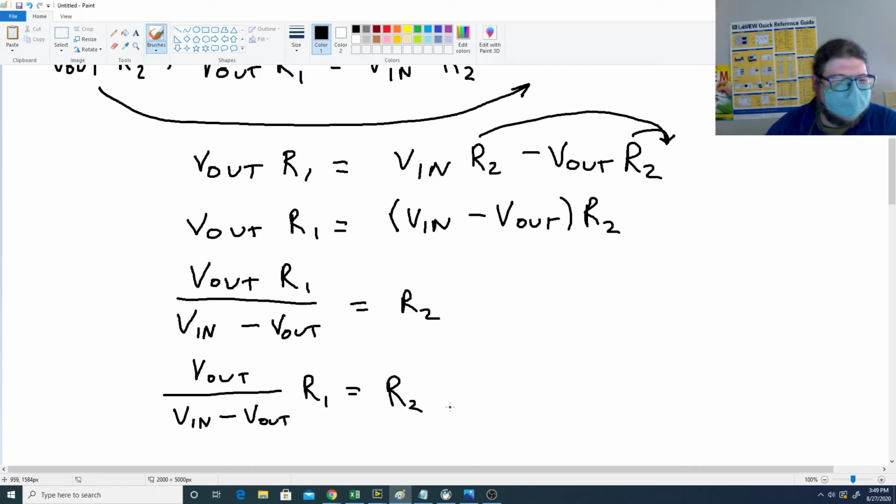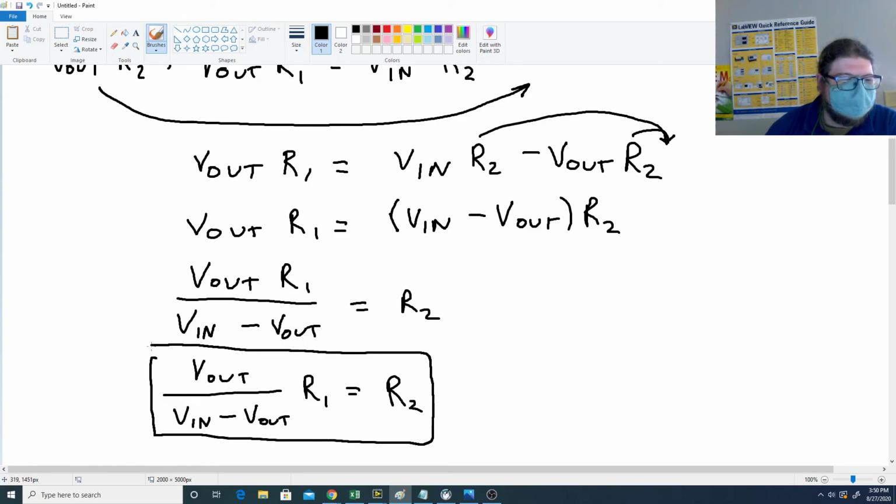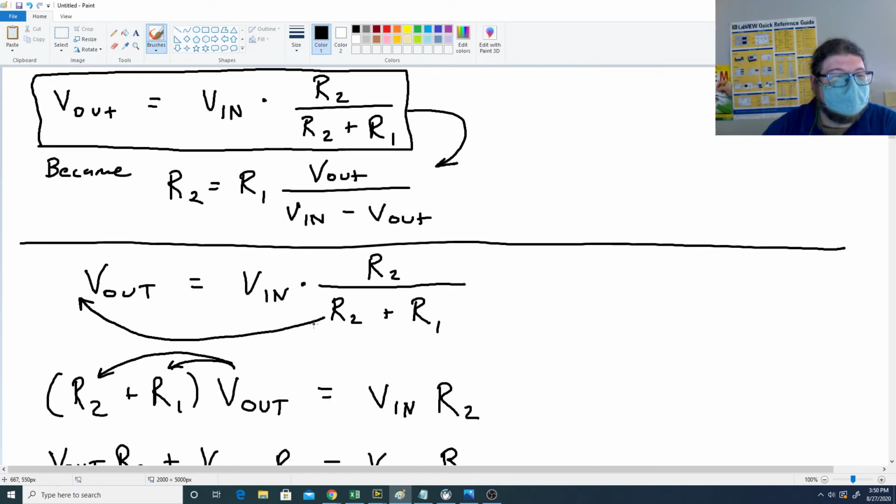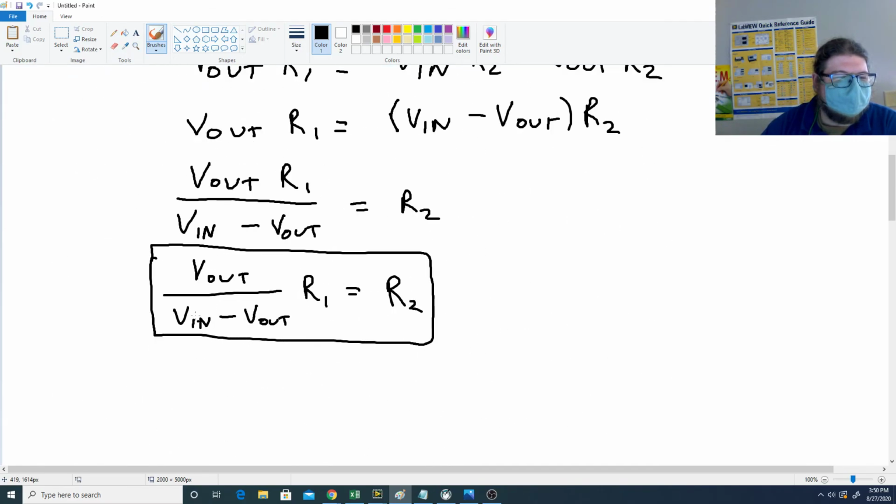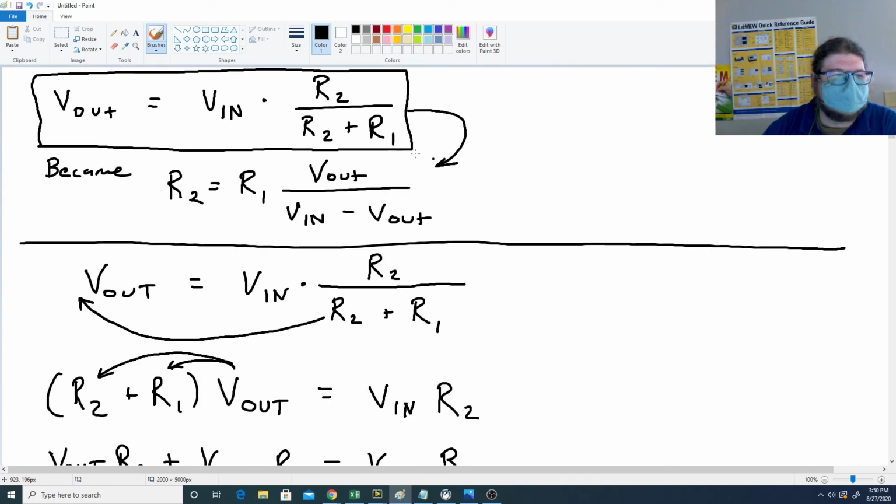And if we check that equation against our starting equation, we get R2 equals R1 times V out over V in minus V out. So we have V out over V in minus V out times an R1, and that equals R2. So this is the same as the step down here that the initial statement became.